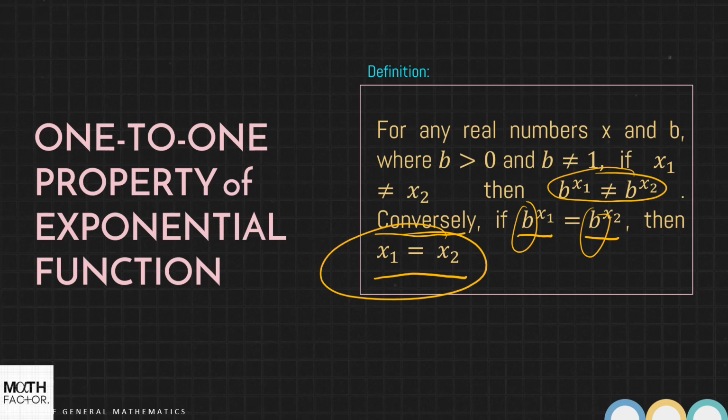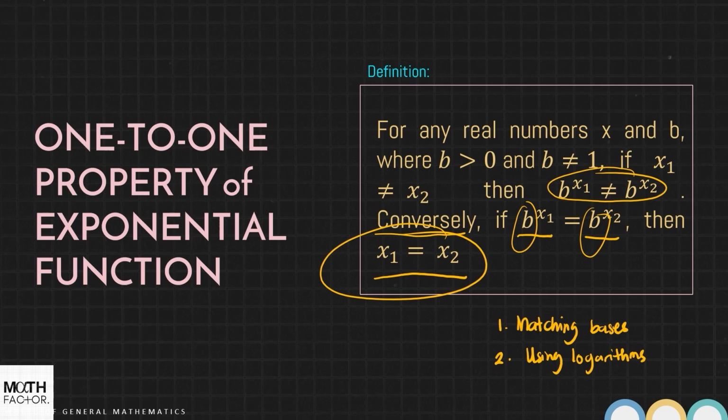So let us have now the solving exponential equation. So you generally use one of the two main approaches in solving exponential equations. So yung una doon is matching bases kung possible. And the second one is using logarithms. Ito naman when bases are not easily matched.